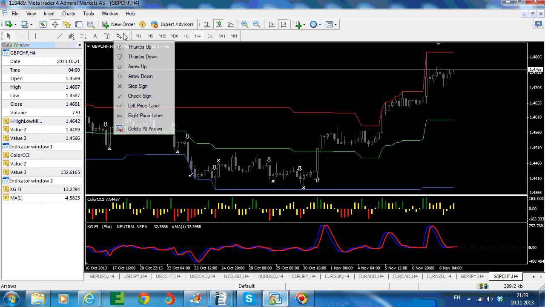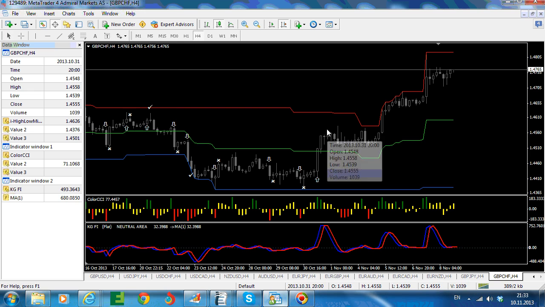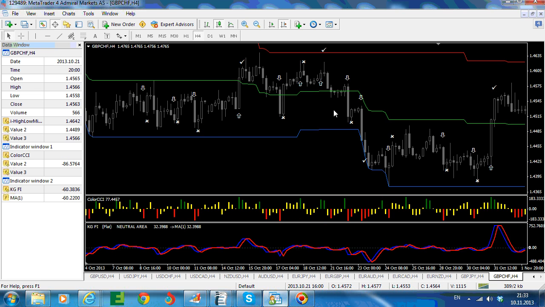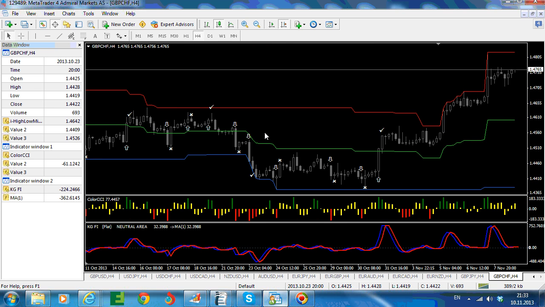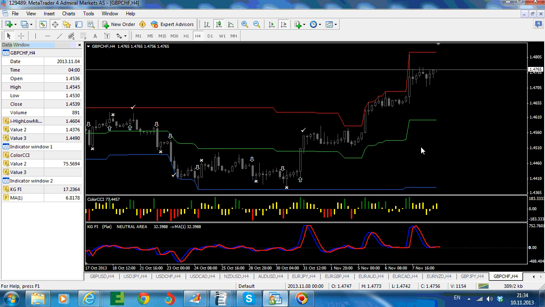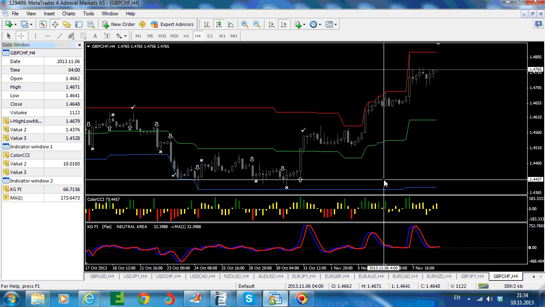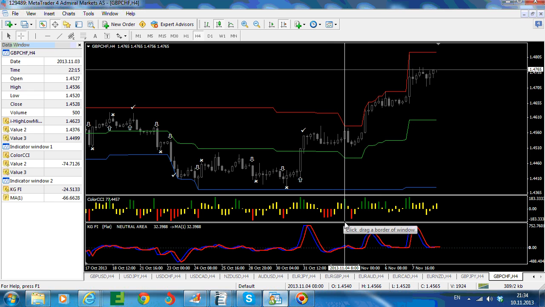Now from what I've seen so far, it seems that when price is breaking through the middle channel of this high low indicator, most of the times it is a winner. But if you're looking here, it is not a winner. So I would still stick with the theory that in a trending market you'll get a winner.